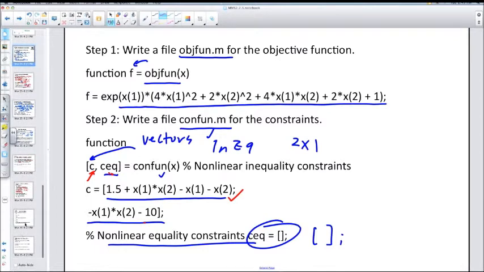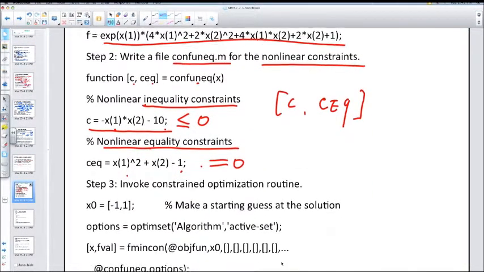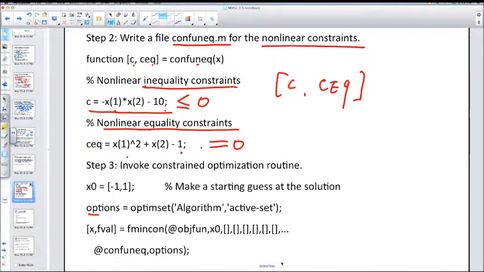So, okay. Now once you write this down, everything else is the same, except your options. You set the algorithm to active set. I'll be honest with you, I don't know what that means, but you follow what they said. Maybe we'll do a little bit on active set.